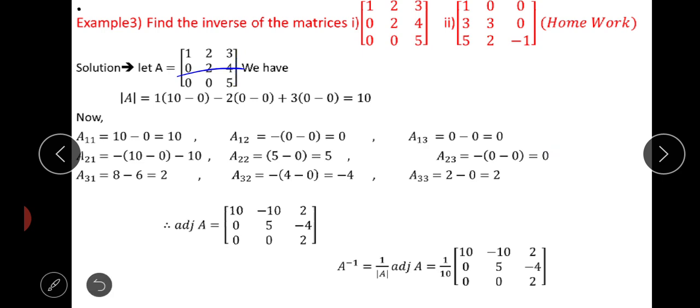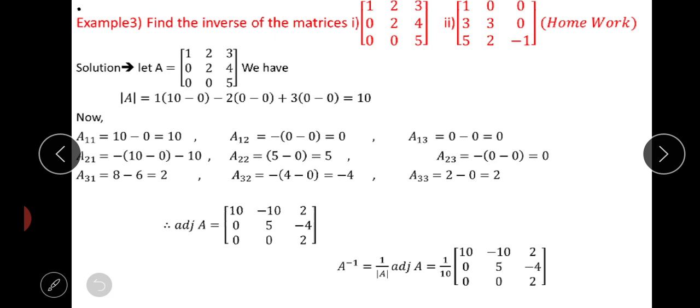Similarly A31, delete the third row and first column: 4 into 2 is 8, minus 3 into 2 is 6, that implies 2. And 3 plus 1 is 4, minus 1 to the power 4 is plus 1, so 2 itself.